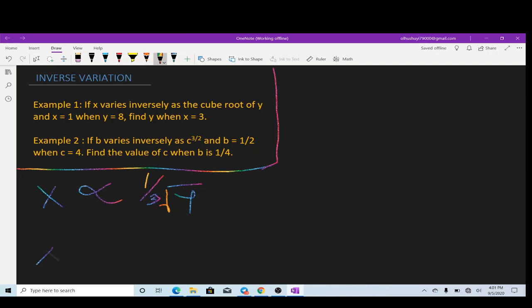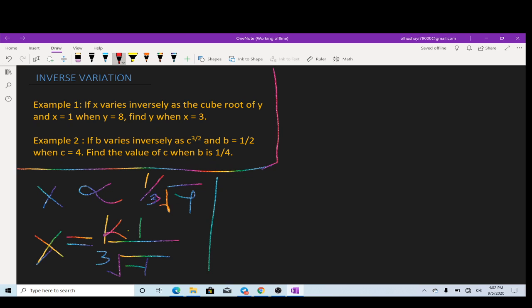You write x is equal to 1 upon the cube root of y. And what does that mean? That means x is equal to k times 1 there. So x is equal to k divided by the cube root of y.